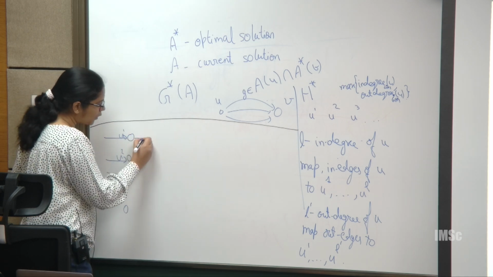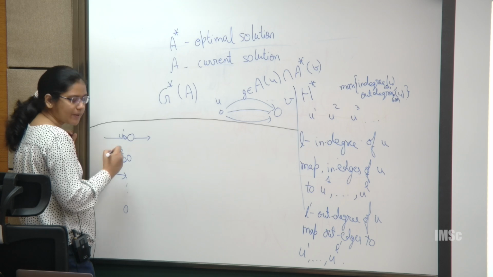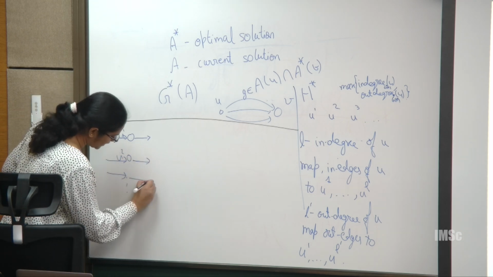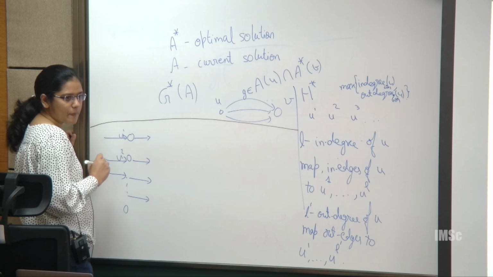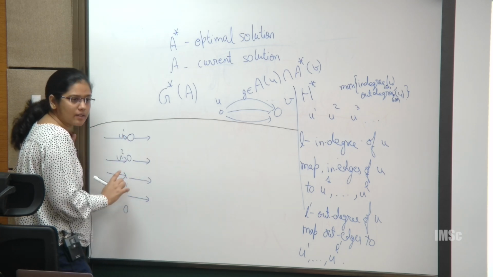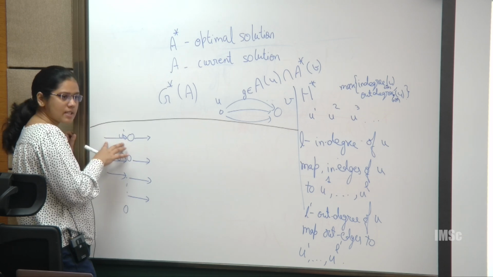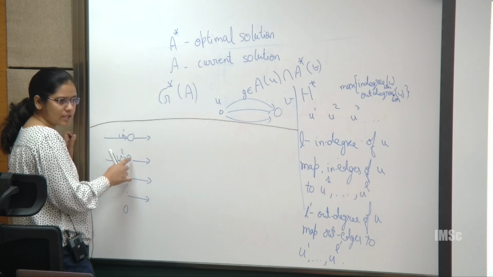Then out degree, this is important, out degree also you start mapping from U1. Out degree might be large, you go like this. Okay. Now, this was mapping. I mapped this arc to this, out arc to this. I map this out arc to this, to this, right.